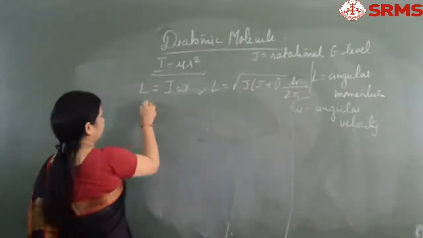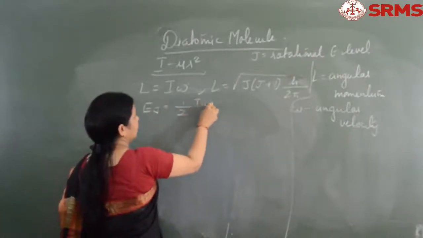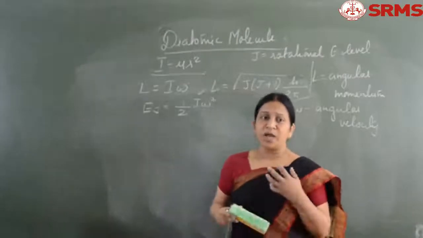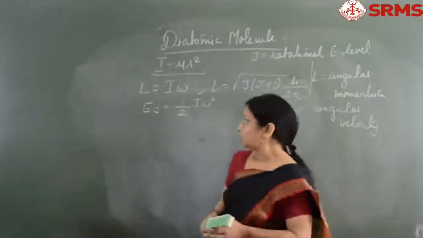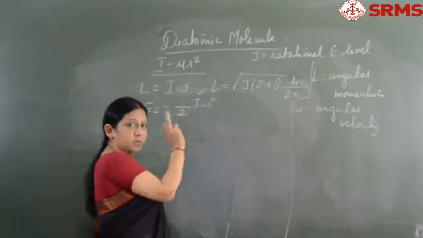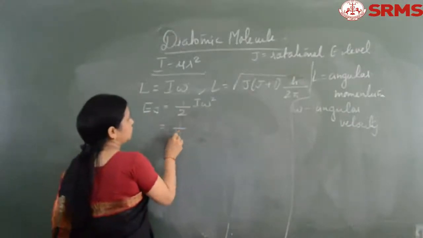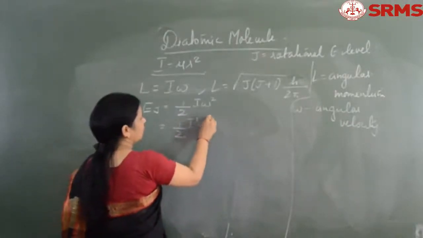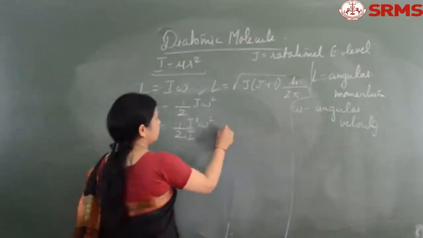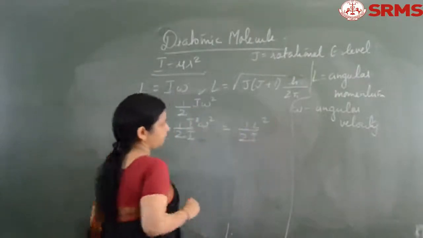Then the energy of the rotating molecule is given by 1 over 2 I omega square. By this term we denote the energy of the rotating molecule. Now if we divide and multiply this equation by I, then I get 1 over 2 I square omega square over I. This equation can also be written as 1 over 2I L square.